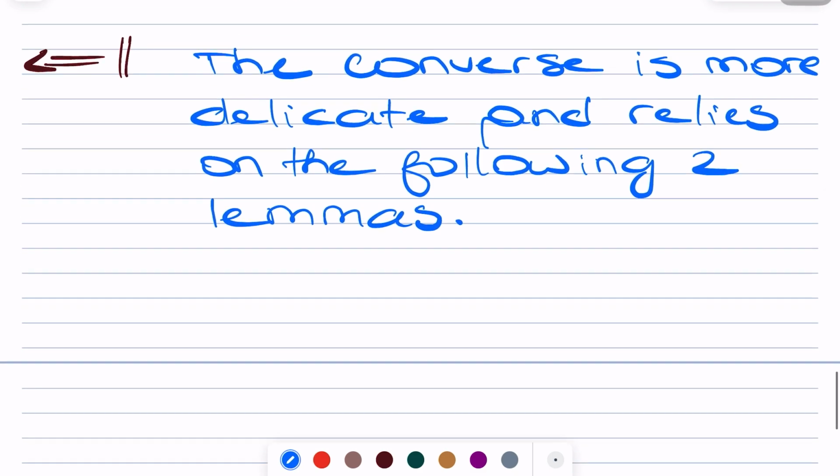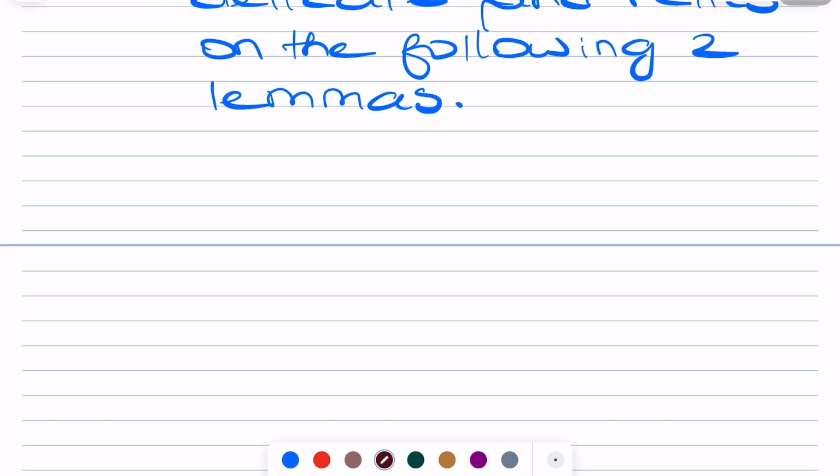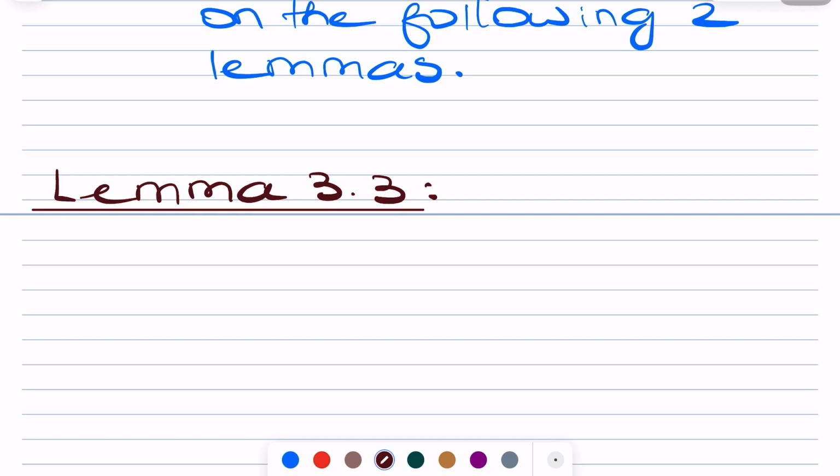The first lemma is called lemma 3.3, which is known under Helly. So this is Helly's Lemma, right?